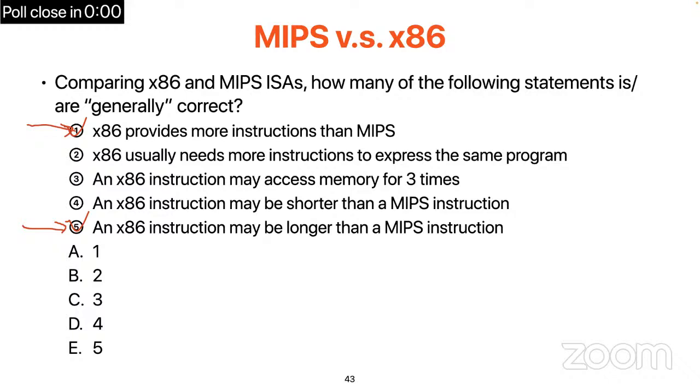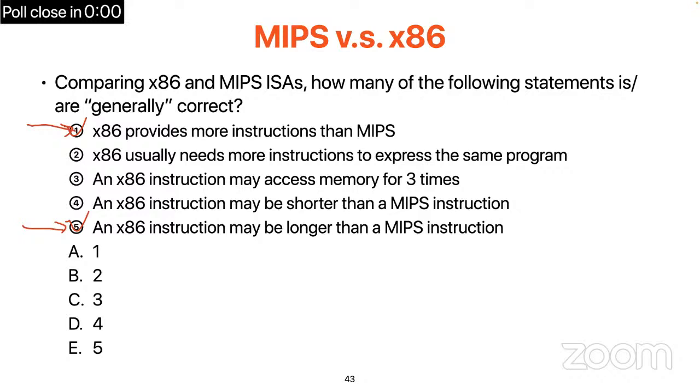So to say that usually you'd need more instructions using x86, we weren't sure about that. And then for the third one, we were just kind of unsure of what it meant. And then the fourth and fifth one are at odds with each other, obviously. So yeah. Okay. Hayat, any thoughts about it?